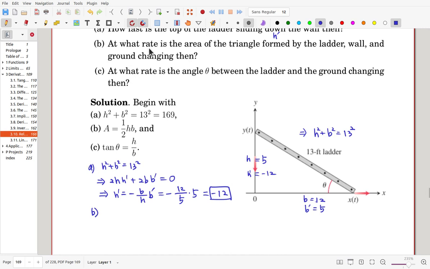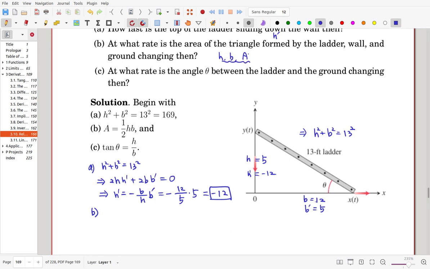At what rate is the area of the triangle formed by the ladder, wall and ground changing then? We want to find the rate of change in area. Here we have h and b and area.